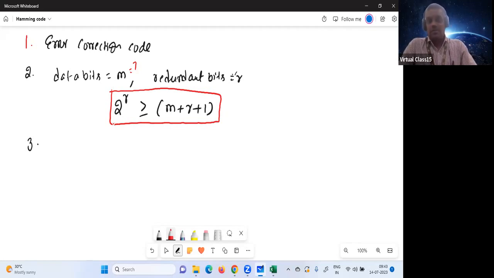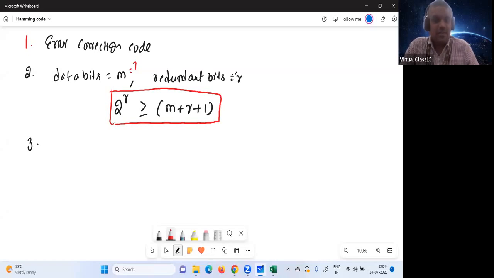Now, is the r value unique or not? Since it is not an equality, it is a greater than or equal inequality, you can find more than one r value such that this inequality is satisfied. I hope you understood, right? But among those, choose the minimal r value.